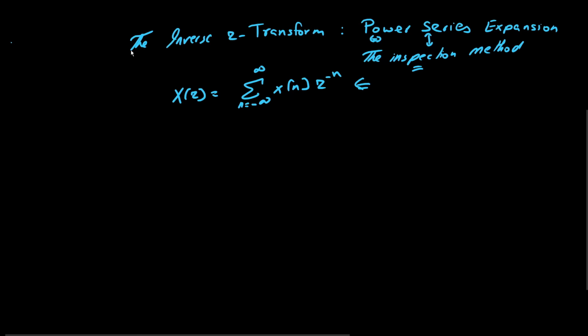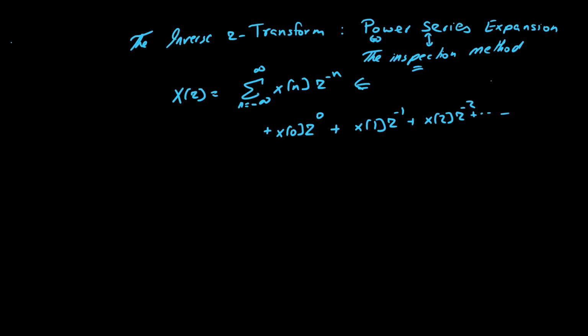If we expand this in time, we have x(0) z to the power 0 plus x(1) z^-1 plus x(2) z^-2 plus so on on the right side, and on the left side we have x(-1) z to the power 1, x(-2) z to the power 2, and so on.